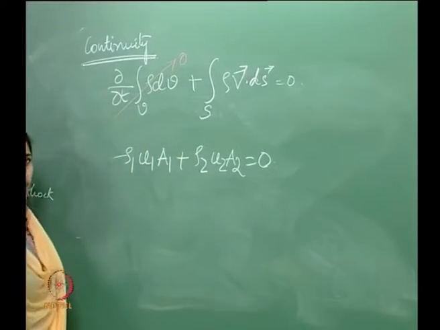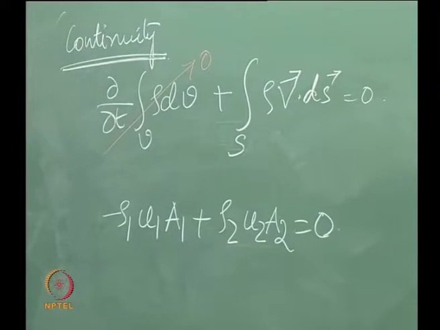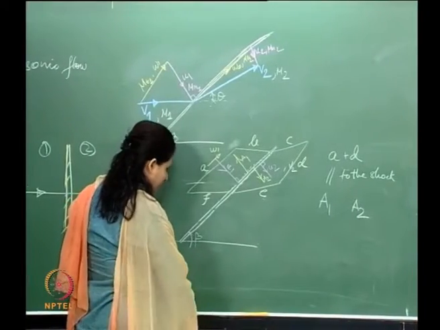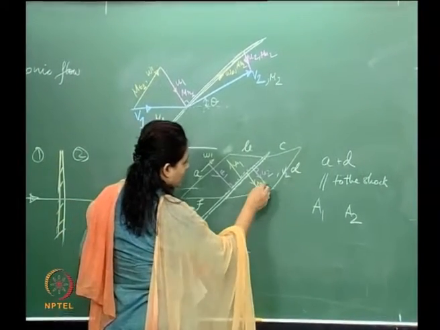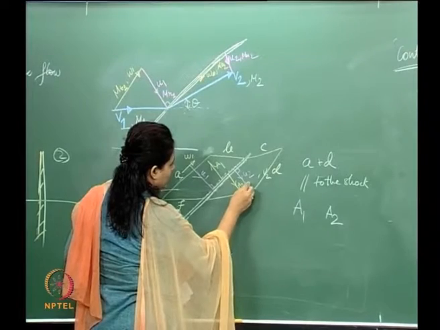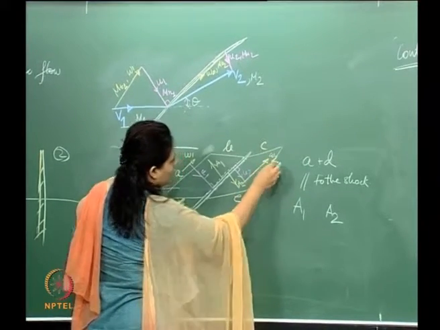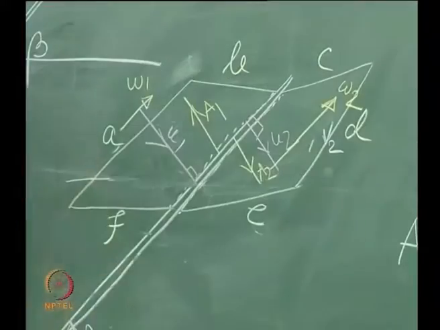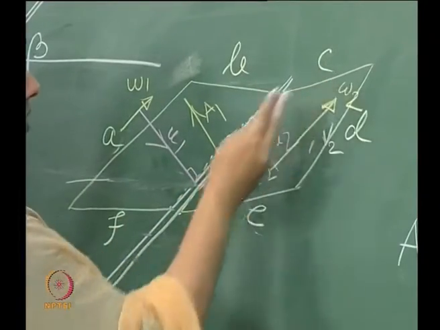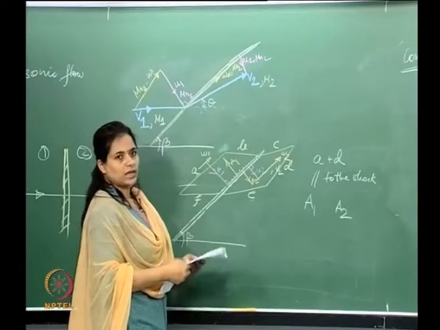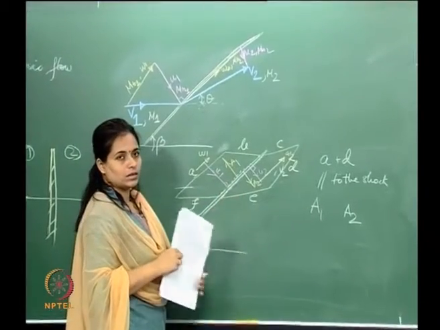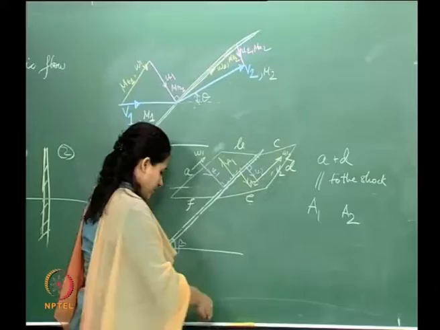That is what we get, and what we have to notice here is that this is the parallel component, and again the angle between this and A2 is 90. Therefore, that does not contribute to the integral over here, okay.